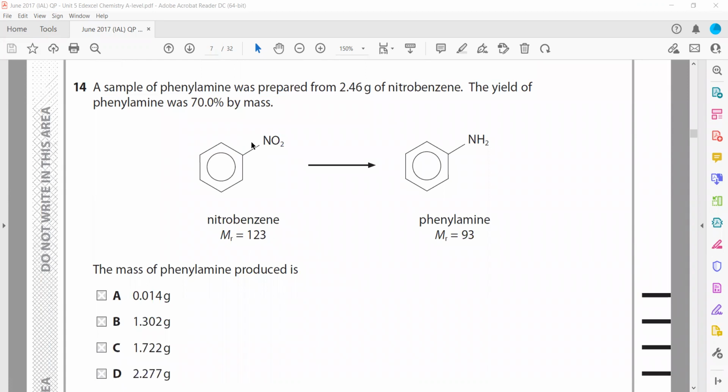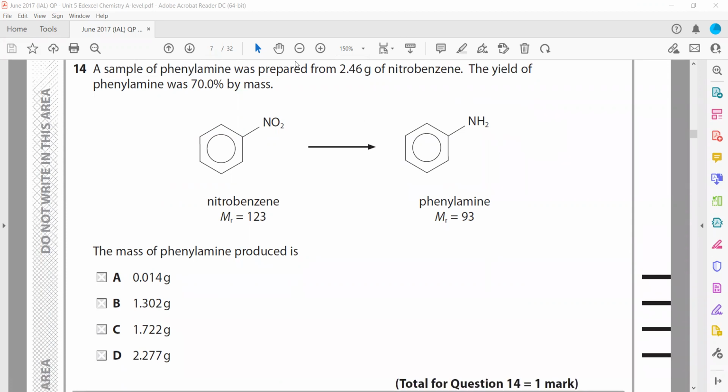Then, a sample of phenylamine is prepared from 2.46 gram of nitrobenzene. The yield is 70%. What is the mass of phenylamine? Practically, first, this is a ratio of the mass. 123 is giving 93, so 2.46 will give us X. This will give us the theoretical value, because according to theory, this is what we should get.